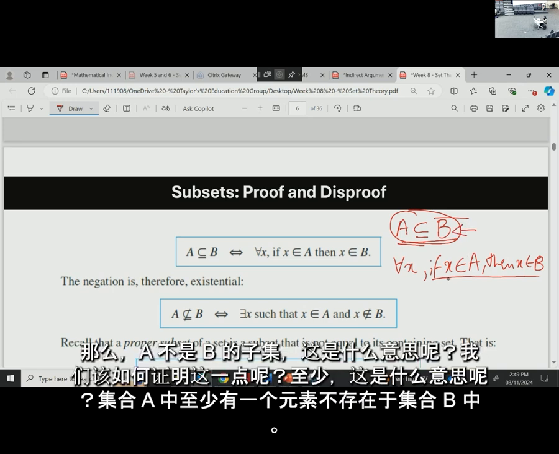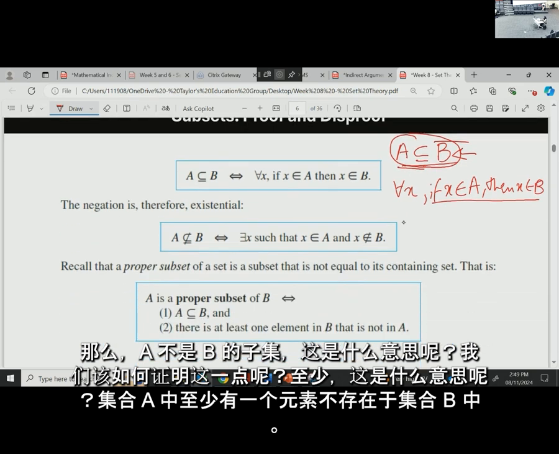And what does this mean, that A is not a subset of B?